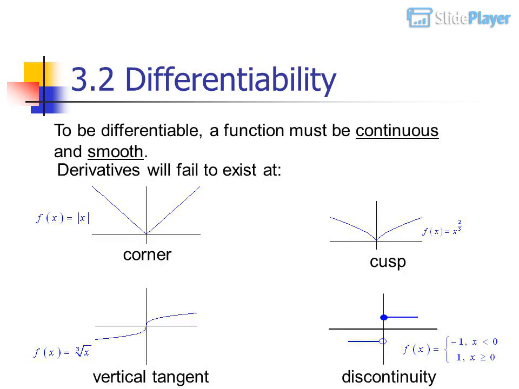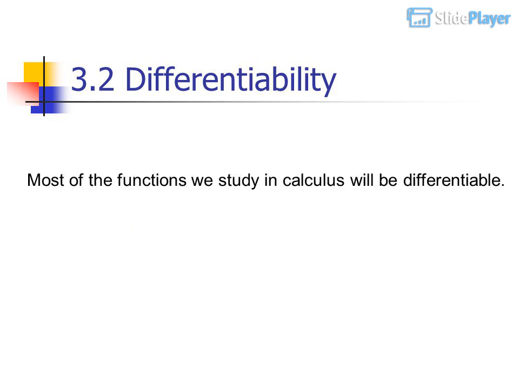3.2 Differentiability. To be differentiable, a function must be continuous and smooth. Derivatives will fail to exist at a cusp, corner, vertical tangent, or discontinuity.